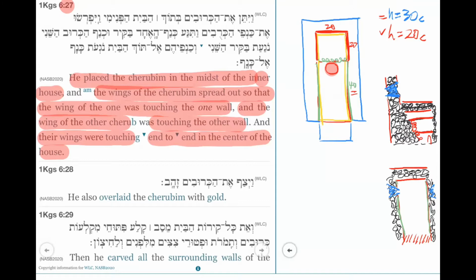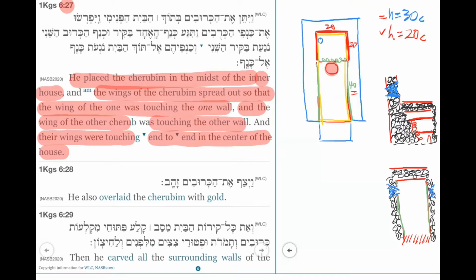Now, that really doesn't tell us exactly how it looks like. But if you were to just read this as literal, the cherub, you would say that this is how I would imagine it to be, right? So this would be my artist impression.